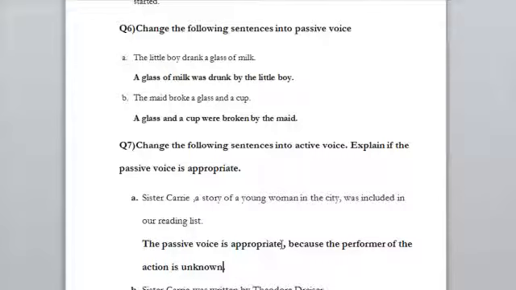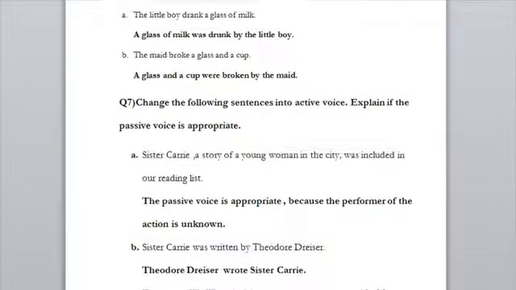Here is the answer. It's unknown. I don't know who did the action. So this should be my answer. Okay, so in this one, I couldn't change it into active because the passive voice is appropriate. Why? I don't have a performer to be mentioned.